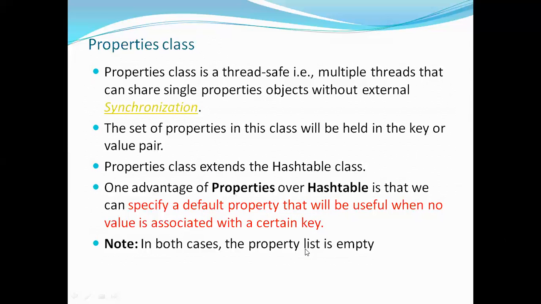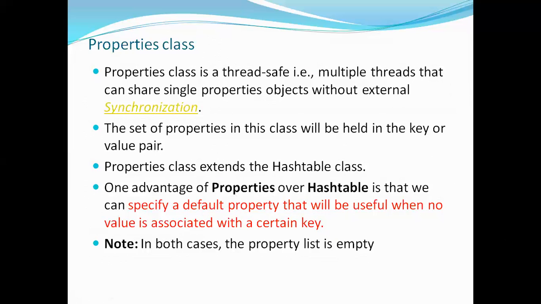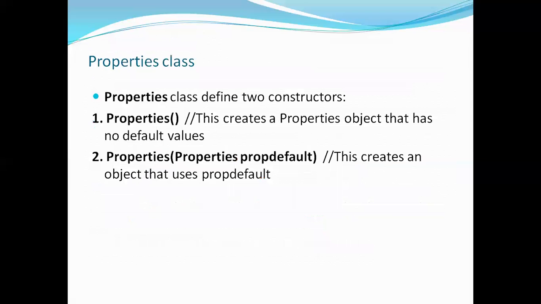Next, properties has two constructors. One by default creates the property, and the other one creates a property with the default feature. We have seen what the default feature is: a default property will be useful when no value is associated with a certain key. If you want that, then you have to go for the second constructor.